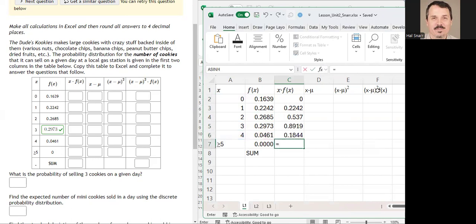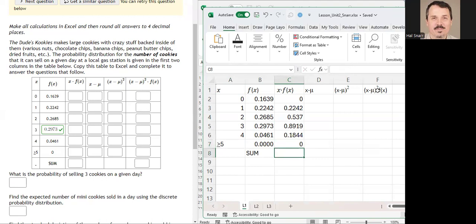And then we have a problem here. This is a string of characters. It's essentially a word to Excel, and we can't multiply a word by a 0. But we can recognize that 0 times anything is 0. So we're just going to type that as 0.